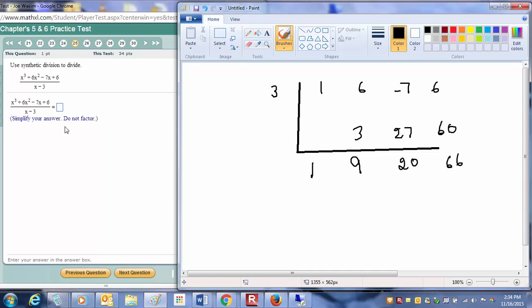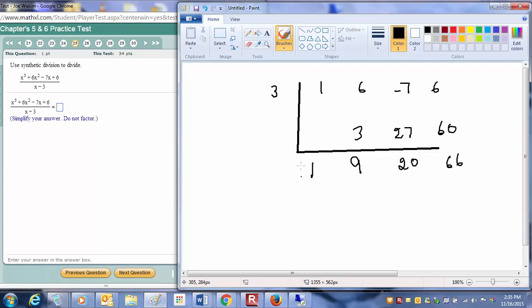Let's try to make sure we did this right. We have x cubed. So that's a 1, 6x squared, that's a 6, negative 7x, that's a negative 7, plus 6, and this is divided by x minus 3, so we use this 3. Bring down the 1, multiply, 3 times 1, 3, add, 9, 3 times 9, 27, 27 minus 7 is 20, multiply, 3 times 20, 60, 60 plus 6 is 66.